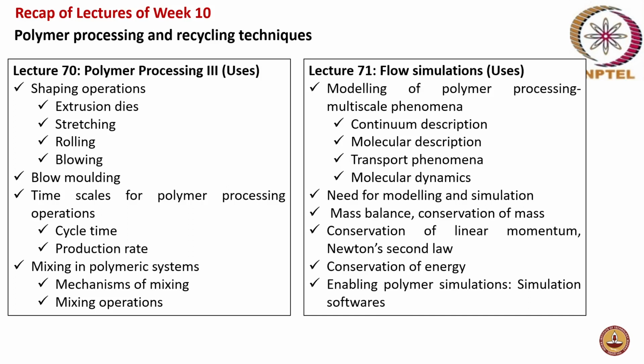And then the molecular description, which is based on statistical mechanics, was discussed. The molecular description is for extremely small systems where hundreds and thousands of molecules are involved. And ultimately the microscopic behavior, which describes the properties of the material, is estimated using this molecular description. And then what are the transport phenomena processes involved in polymer processing?